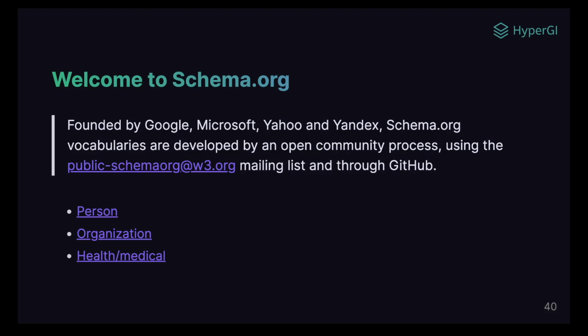This organization was founded by Google, Microsoft, and Yahoo, and they have been working together for many years to organize the data on the internet. They standardize the data format on the internet, and they have been continuously collecting everybody's data, improving it and structuring it.